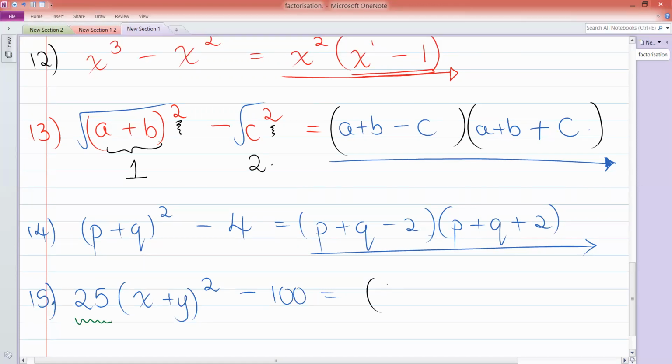Square root of 25 is what? 5. Then can I find the square root of the x plus y in brackets squared? What would that be? x plus y. Well done. Excellent. Then can I find the square root of 100? Yes. What is it? 10. Well done. Okay, so this is my first bracket. Then second bracket, the first term is the same and plus 10.